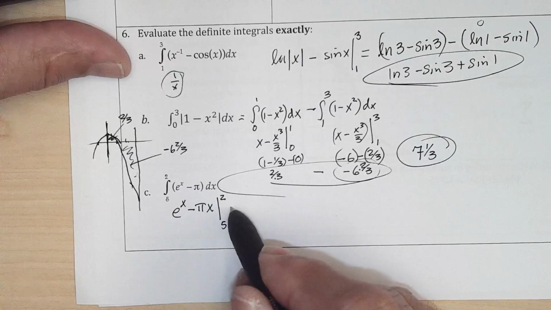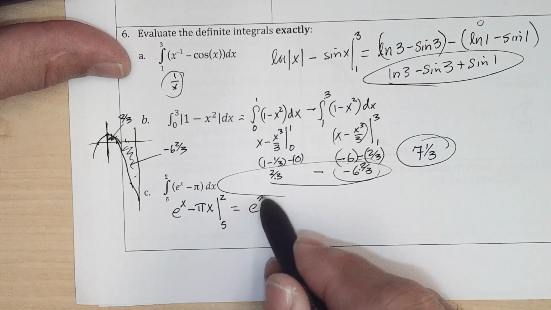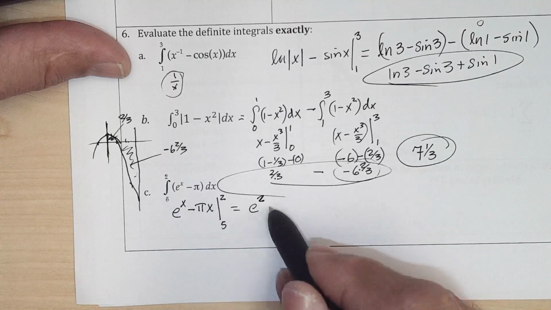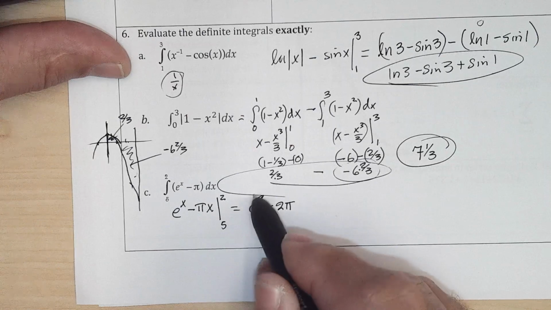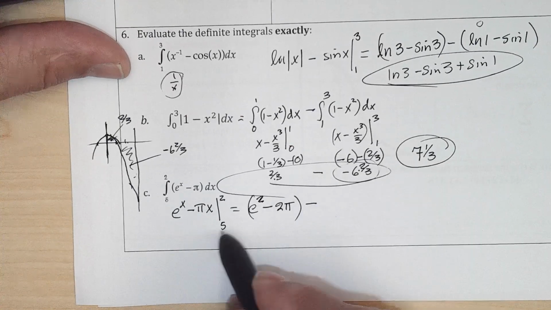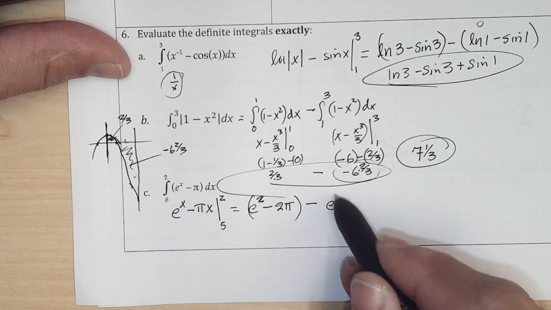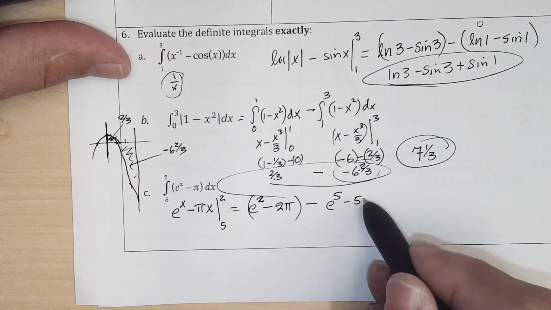So I put in the 2, and I get e to the 2 minus 2 times pi, minus, put in the 5, and I get e to the 5 minus 5 times pi.